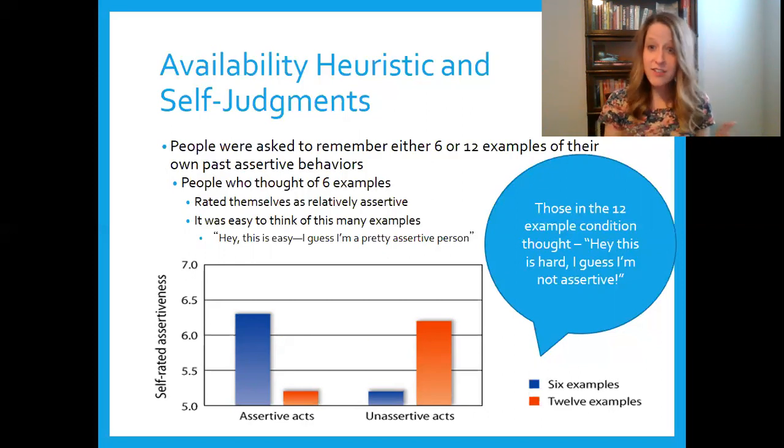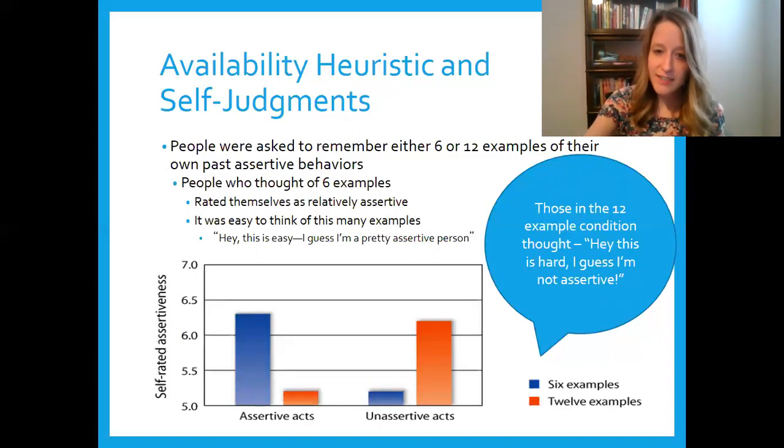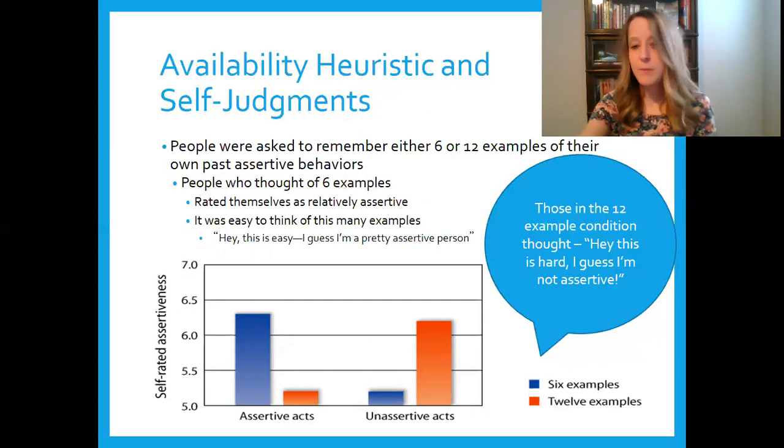It's easier to think of 6 examples of anything compared to 12 examples. So this is what we refer to as the availability heuristic. If we can easily bring something to mind, then we assume that it must be true or likely or prevalent.